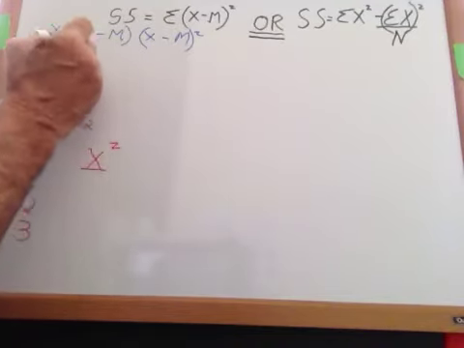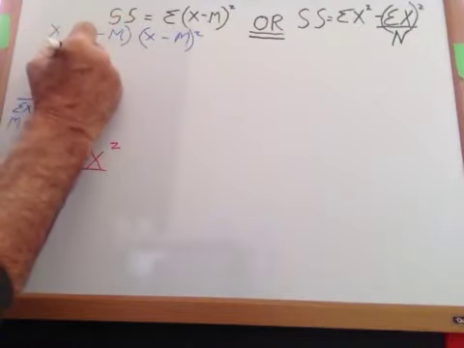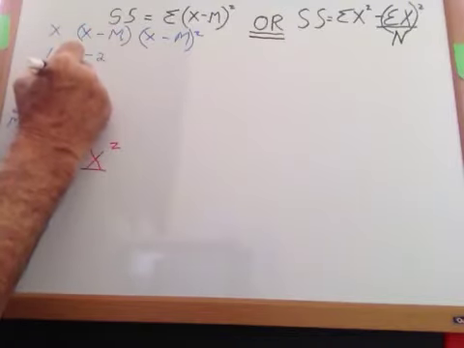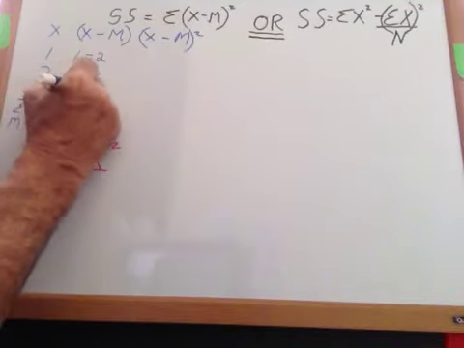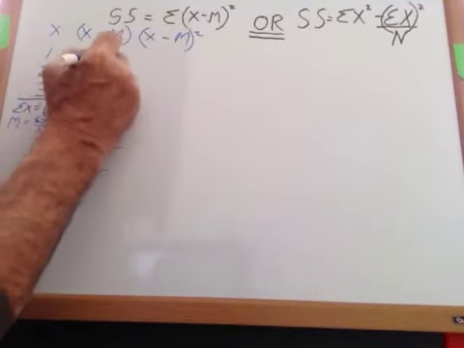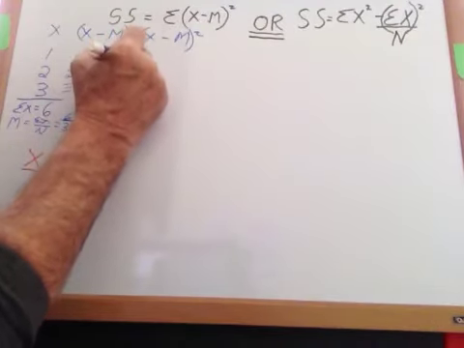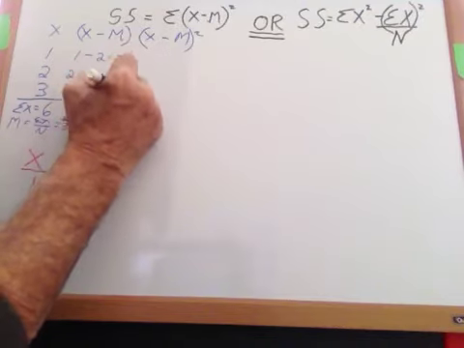So this second column is asking us to get the deviation. It's going to be 1 minus the mean of 2, 2 minus the mean of 2, and 3 minus the mean of 2. This gives us deviation scores of -1, 0, plus 1.